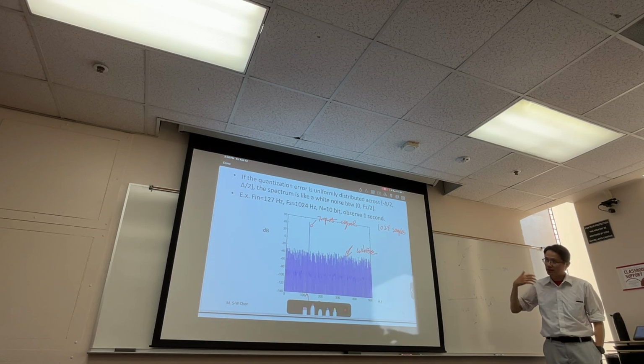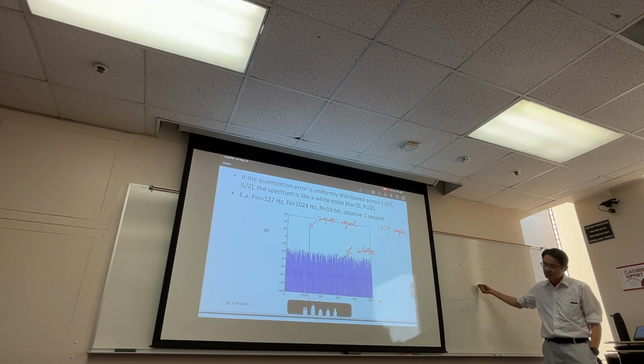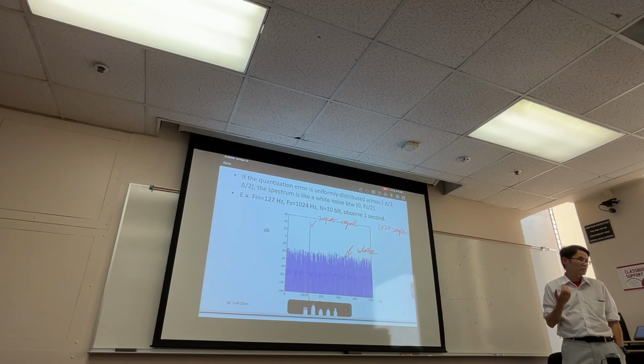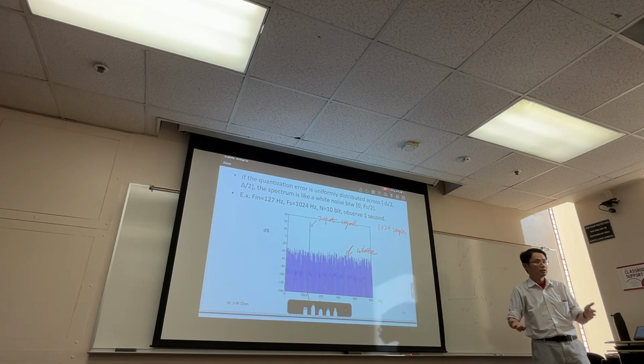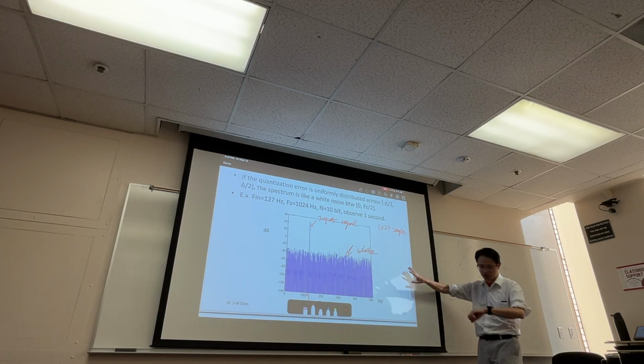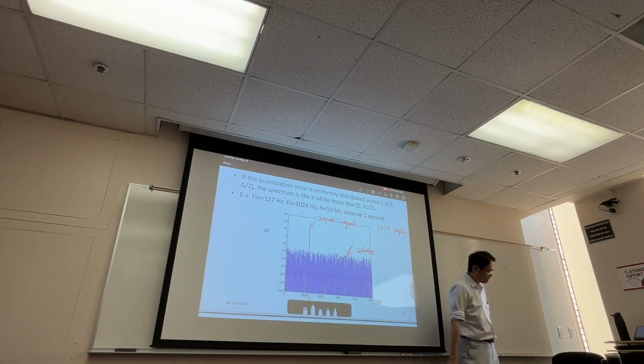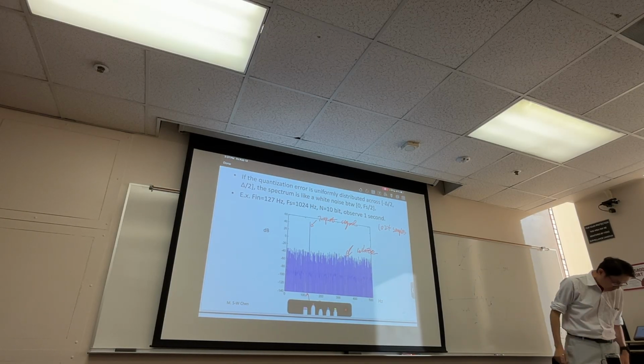But note that if you run into some special case where your input is always around some small range, then your spectrum may look a little bit different. But by and large, if you exercise within this range more or less uniformly, you are good. So this is pretty much the spectrum that you usually would expect to see.